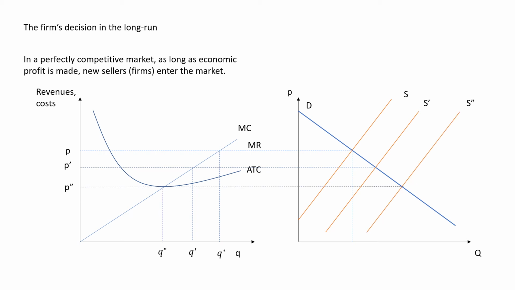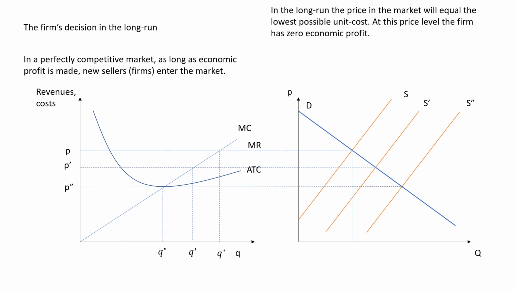And the next point is, when there are so many new firms in the market that all the economic profit is eliminated. This happens at P2 prime, which leads to an even lower output per firm, Q2 prime. At this point, the price in the market equals the minimum of the unit cost. That means that in the long run, all perfectly competitive firms must produce at their efficient scale.